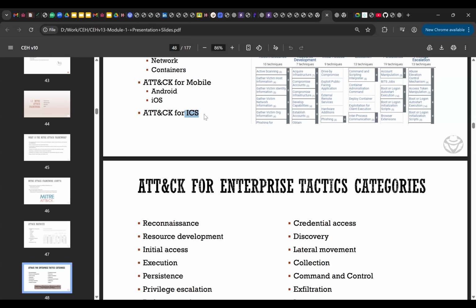IoT devices, you can consider, ICS is a system. The ICS system controls the temperature of, let's say, a boiling point or a coil, right?